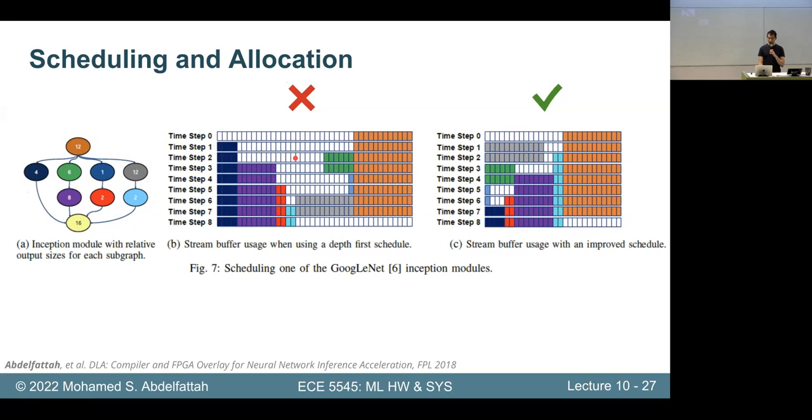We played around a lot with the heuristics and iterating over a complex subgraph like this. And here I'm showing again our on-chip buffer usage for two different iteration orders. So both scheduling and allocation are quite tightly coupled here.